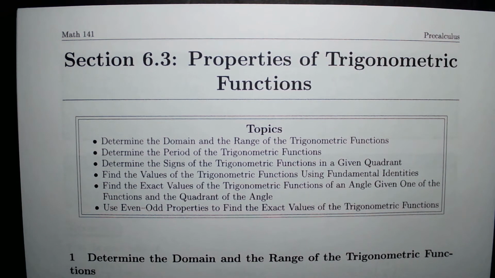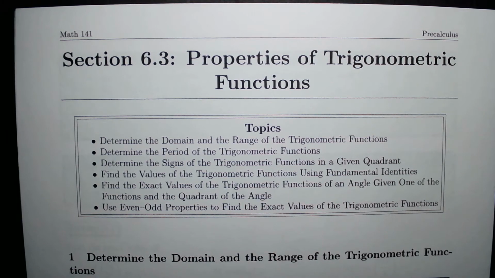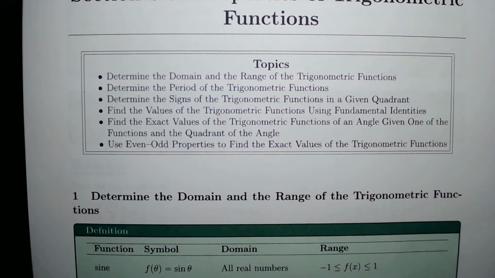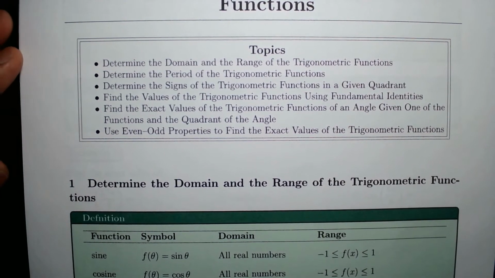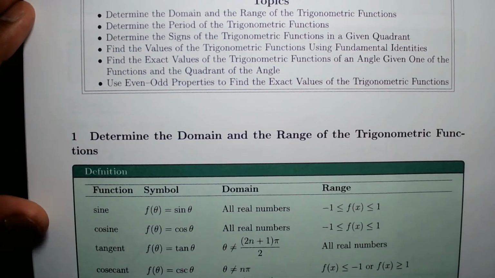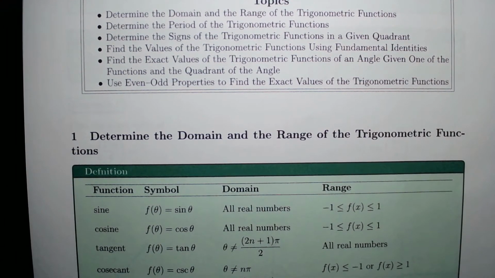Alright, in this video we go over section 6.3, properties of trigonometric functions. In this section we're going to look at the domain and range of trigonometric functions, find the period of the specified trigonometric function, determine the signs of the trigonometric functions at given quadrants, and find values of trigonometric functions similar to what we did in the previous section, but in a different approach, and then find them given a certain quadrant.